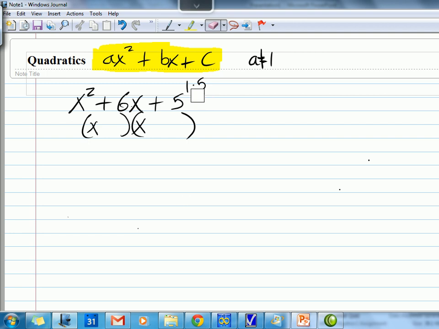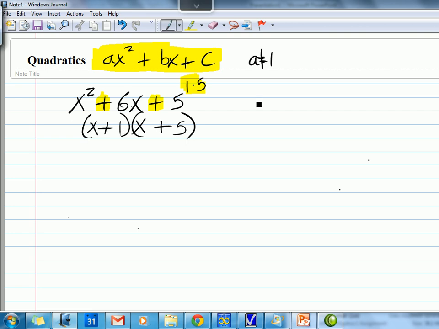Now, using the factors, we know what our last term is going to be, because that adds up and gives us 6x. So we put a 1 here and a 5 here. It doesn't really matter, we can go 5, 1 or 1, 5. And since this is positive and this is positive, both of the signs on our binomials are positive. See? Easy. Nothing to it, right?